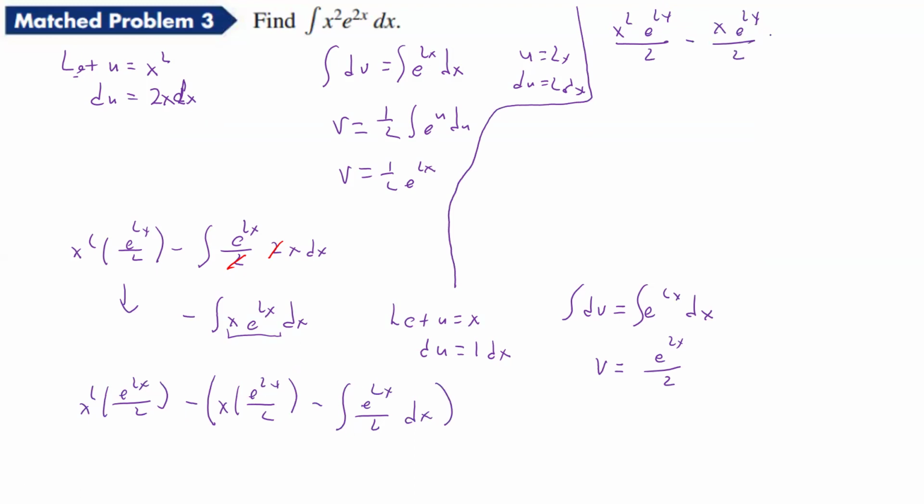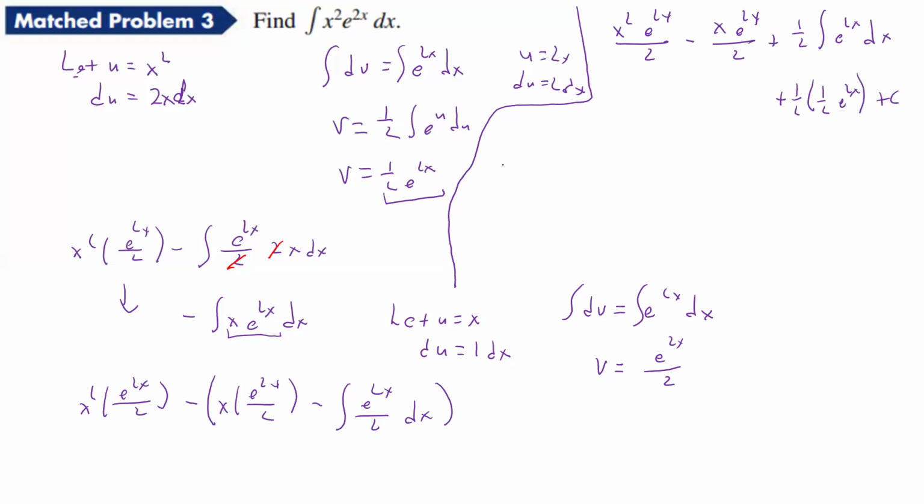And then we're going to have plus, and now what we're going to have is that 1/2 out in front, and we have e to the 2x dx. All right, well, again, we have that right here. So we're just going to say, well, that's this piece. And so we're saying, okay, well, that's going to be plus, and then we have 1/2 times 1/2 e to the 2x, then plus c.